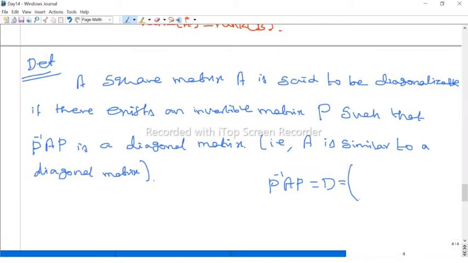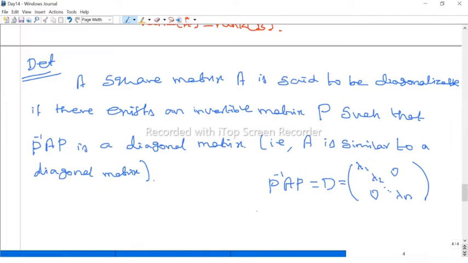D has only the diagonal elements non-zero, all others are 0. The diagonal elements are nothing but the eigenvalues of A, that is lambda 1, lambda 2, up to lambda n, all others are 0. So we get the diagonal matrix.